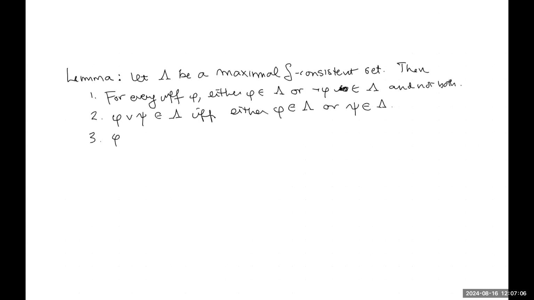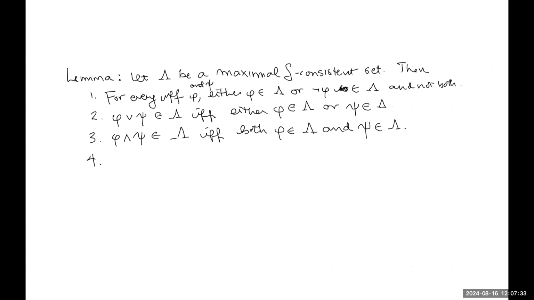Phi and psi is a member of lambda if and only if both phi and psi are in lambda. I just realized that I should have said for every phi and psi.